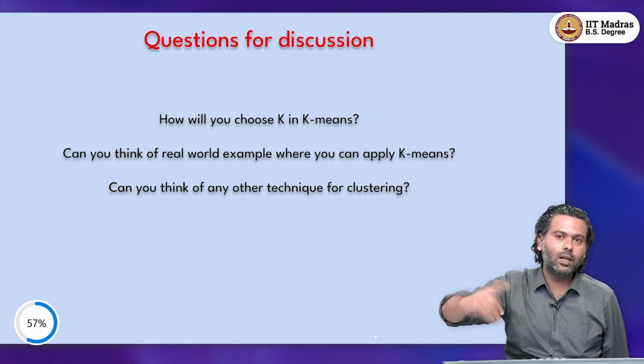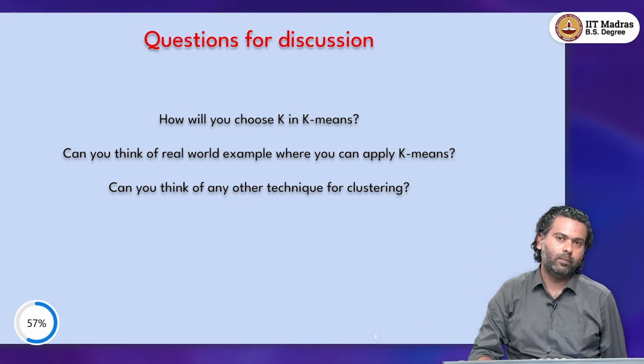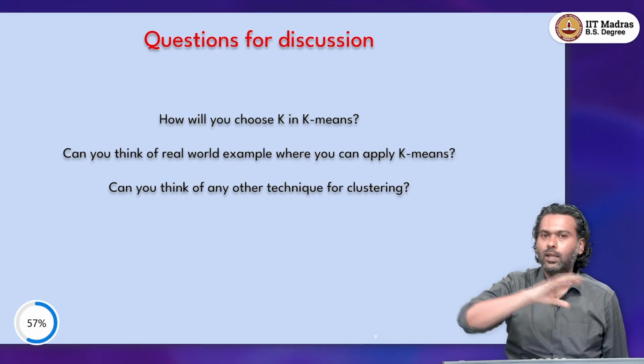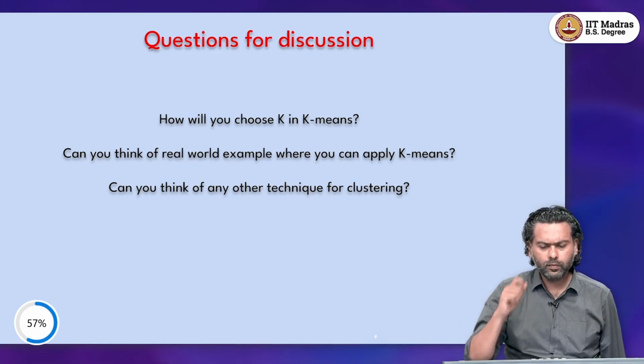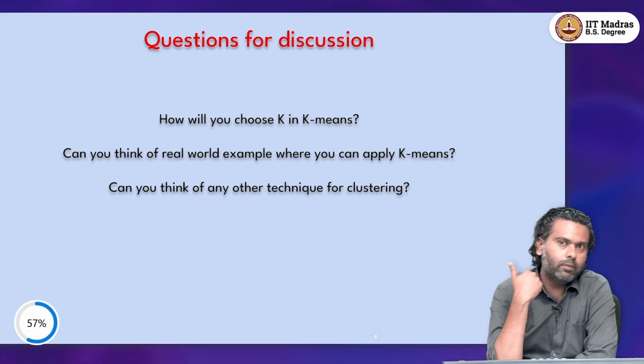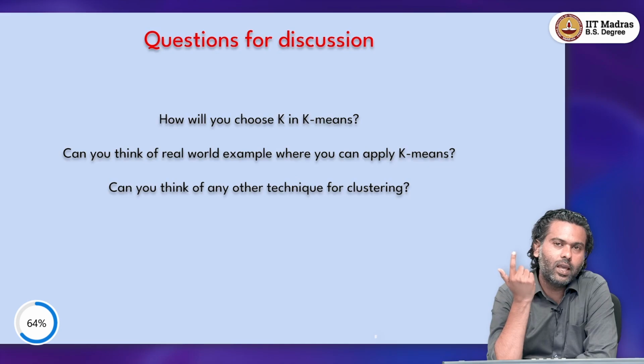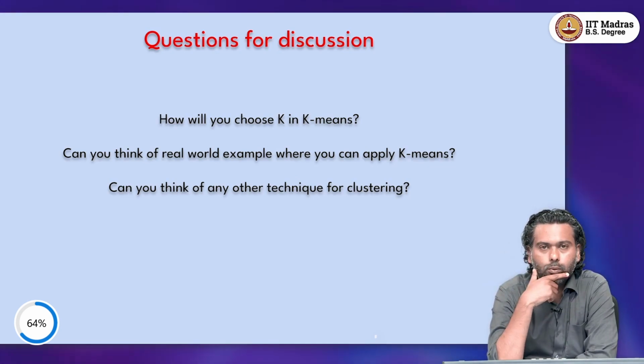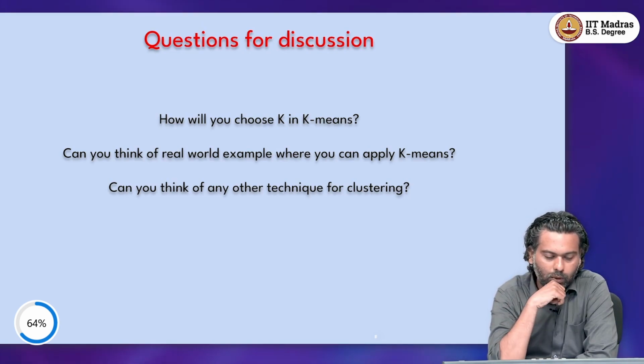I need to tell the algorithm, give me 5 different clusters, or give me 3 different clusters, and then the algorithm will give you that. Now in general, for every k that I give, the algorithm will give me some output, but which k should I use? How will I choose the k in the k-means algorithm? Think about this. This is a wonderful question to ponder about. This is question number 1.